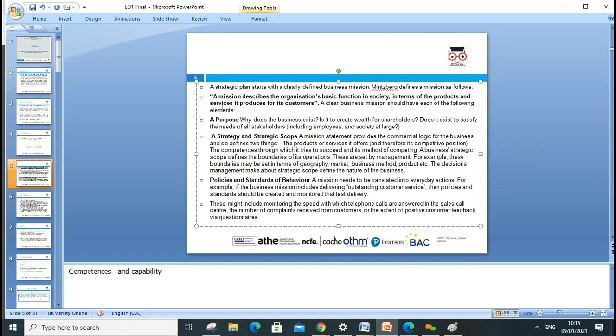Then policies and standards of behavior. A mission needs to be translated into everyday action. So you're saying we are here to help, we treat people like we want to be treated. Take Tesco: they had a mission, treating people as they like to be treated, every little helps.